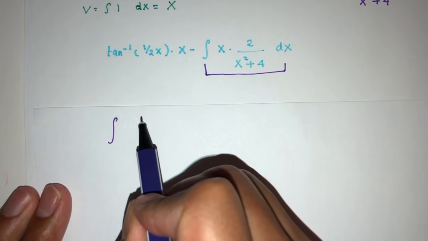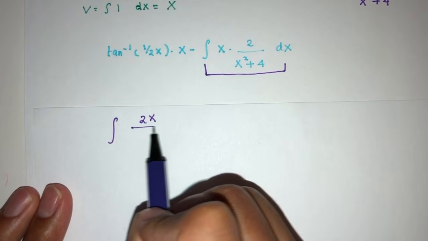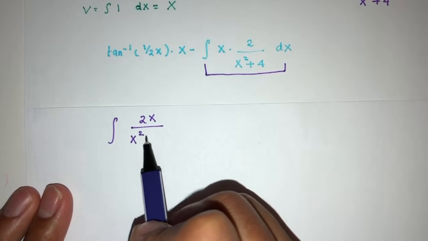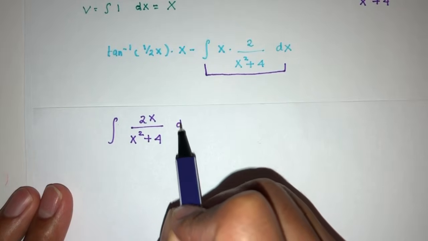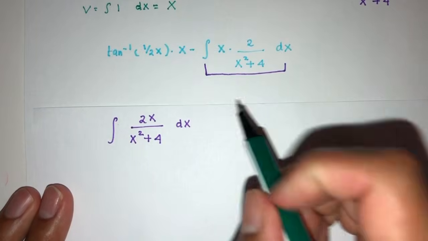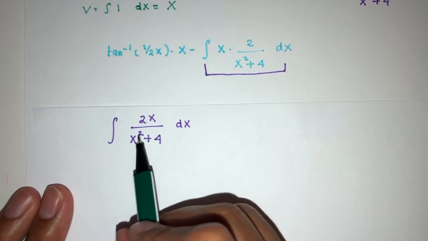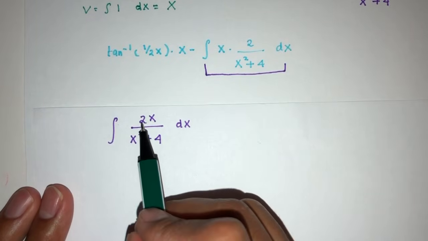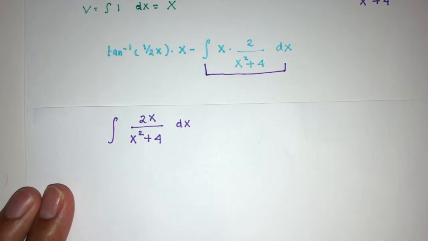So here we will have 2x on top, and at the bottom x squared plus 4 dx. Because the derivative of the base gives you 2x, and we have 2x here as well, they will help eliminate each other. But let's proceed step by step.